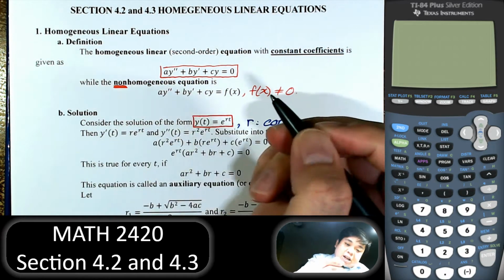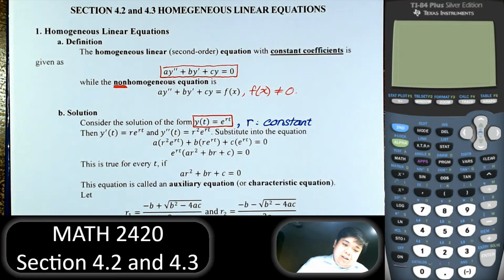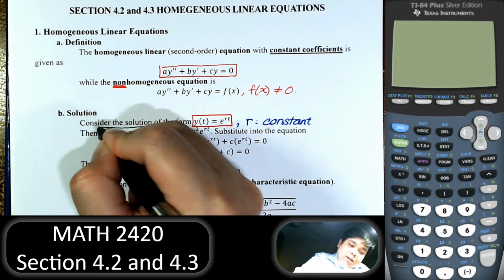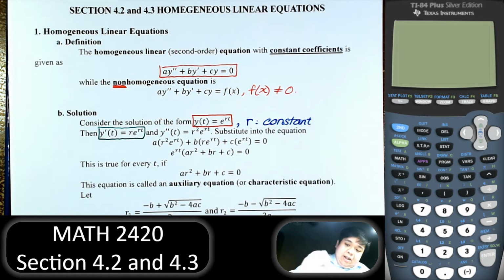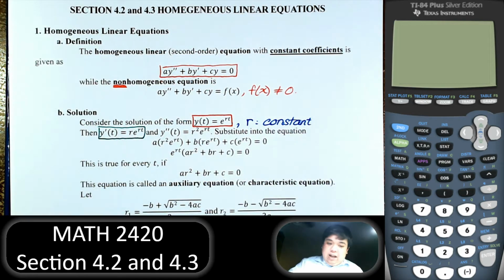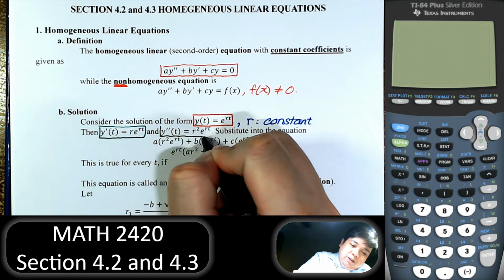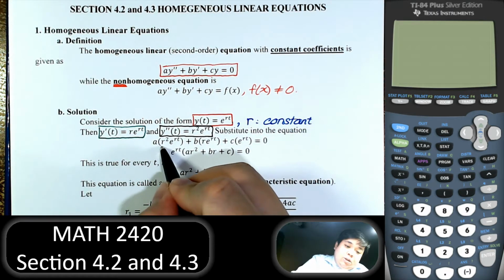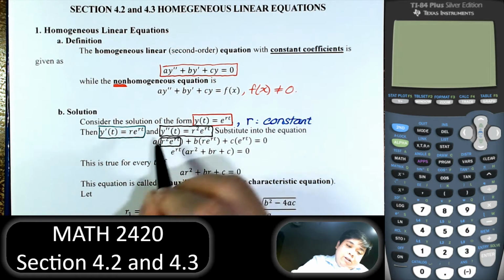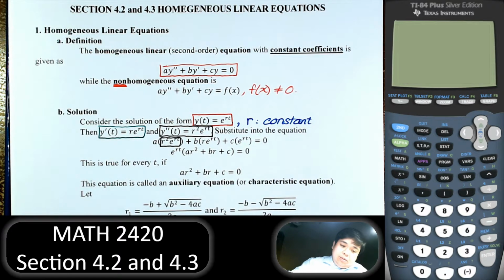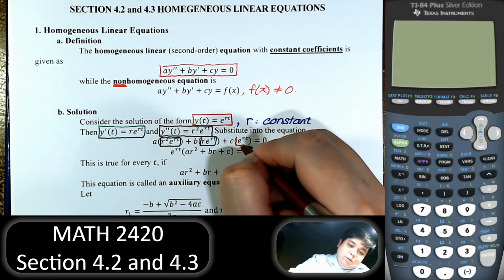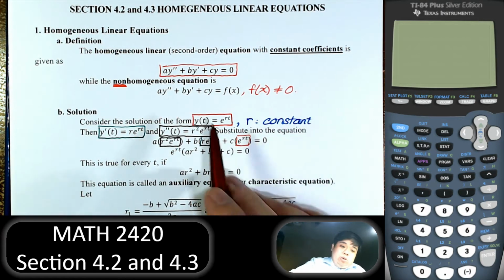So that is the function. Now we take the derivative and then the second derivative. And we just substitute in the second derivative, first derivative, and then the function into the original equation.